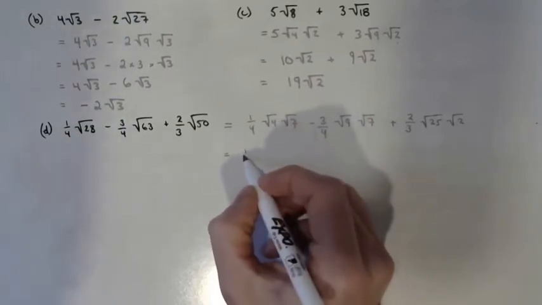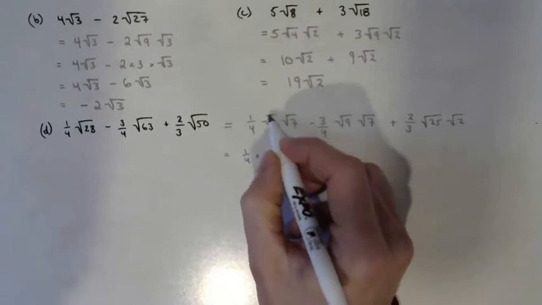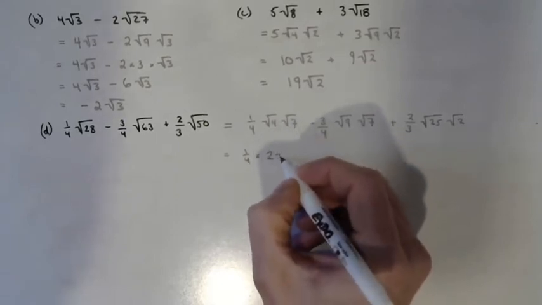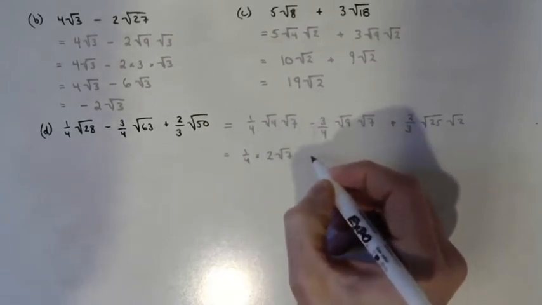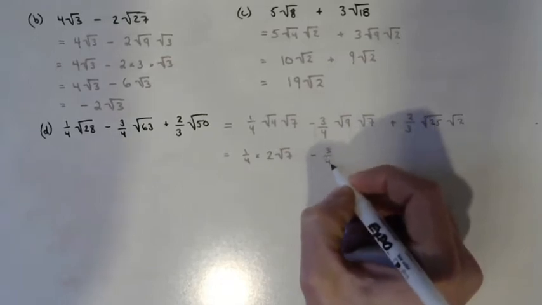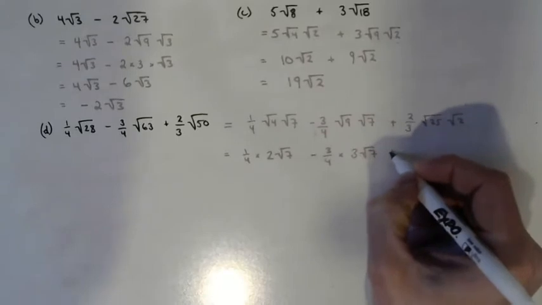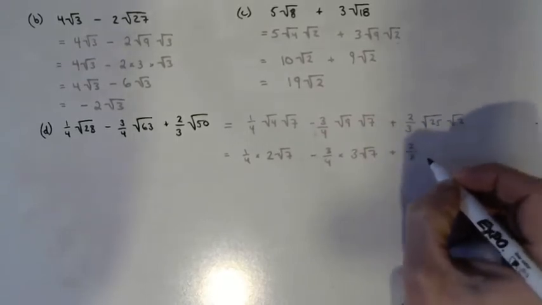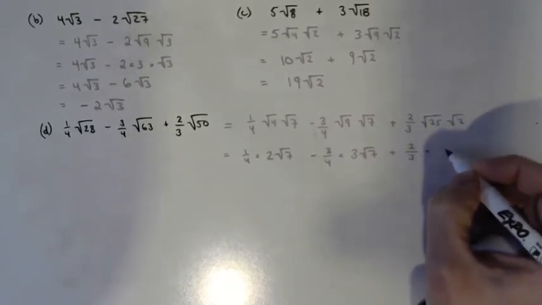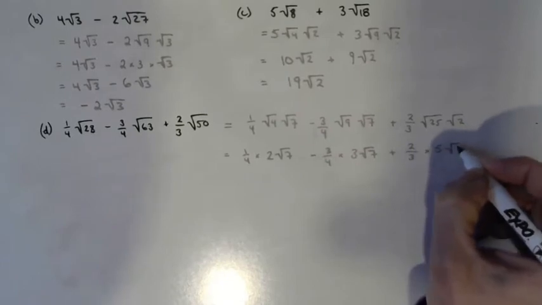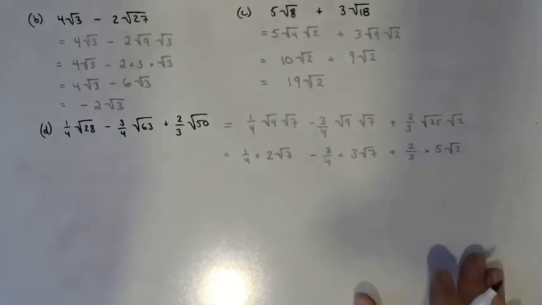Okay, I'm going to just make this into a multiple and then show you the next step from there. So this is 1/4 times square root of 4, which is 2, times radical 7. This is 3/4 times 3 radical 7. And our next piece is 2/3 times 5 radical 2. Okay?